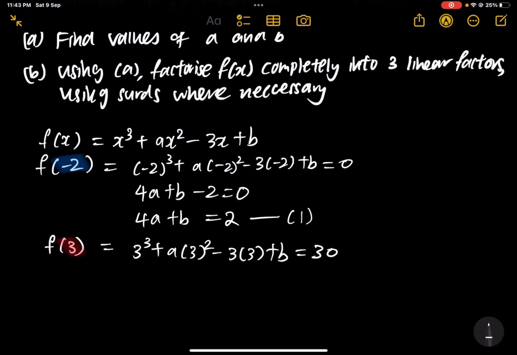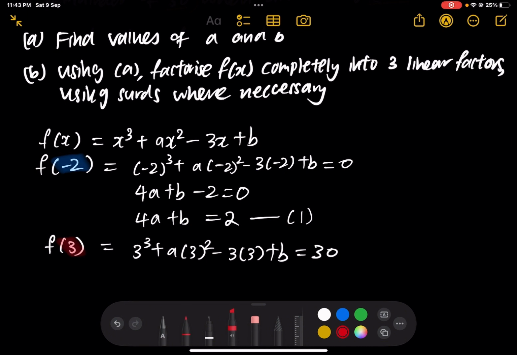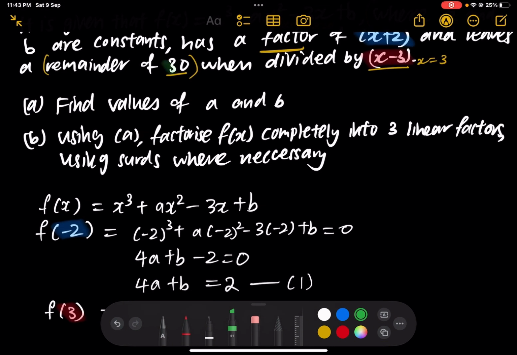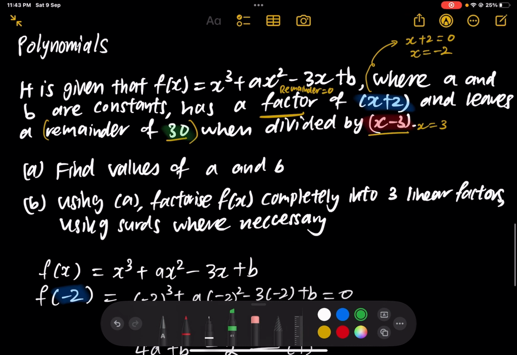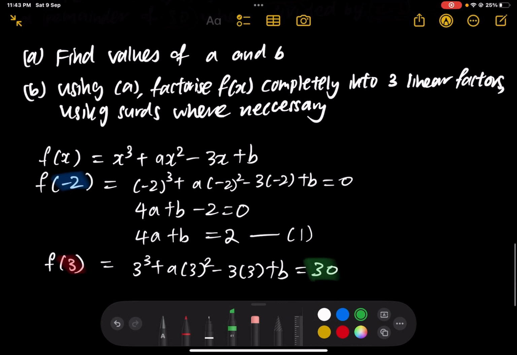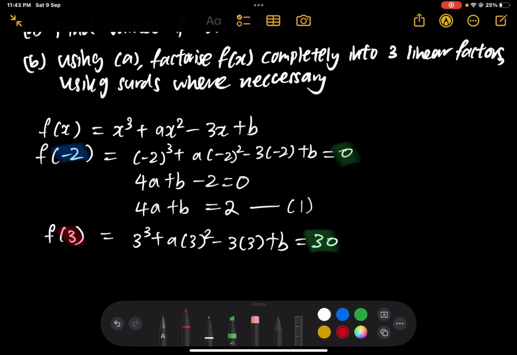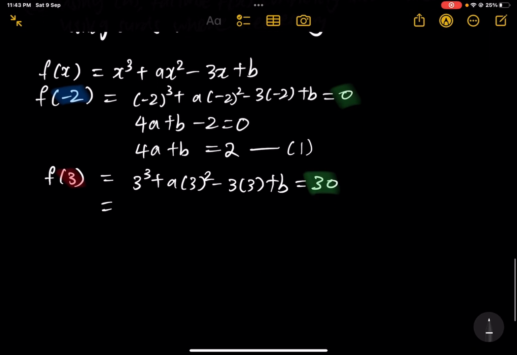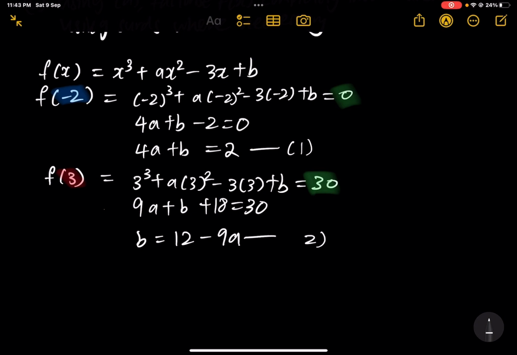Why was it equated to 30? Because of this thing. Remainder of 30 means equate it to 30. When I say it's a factor, I will equate it to 0. It gives us 9a plus b plus 18 equals 30. I'll bring everything over to make b the subject of the formula. b equals 12 minus 9a. This will be my equation 2.